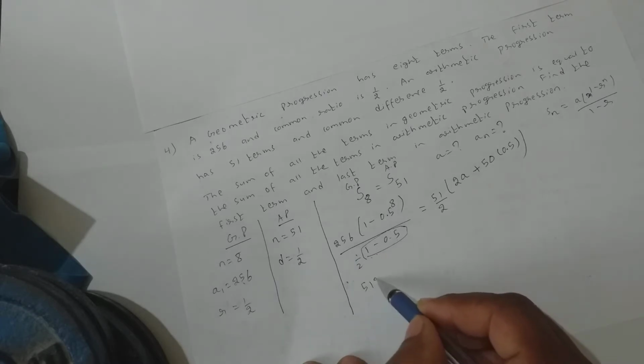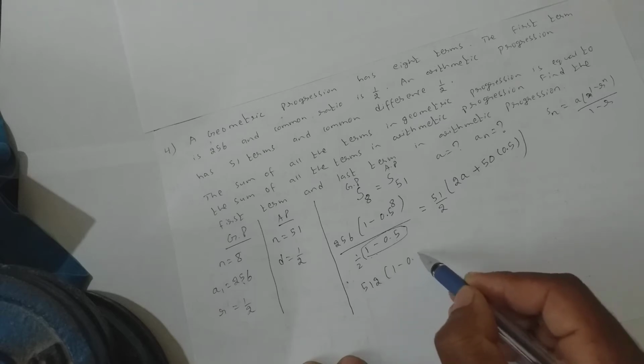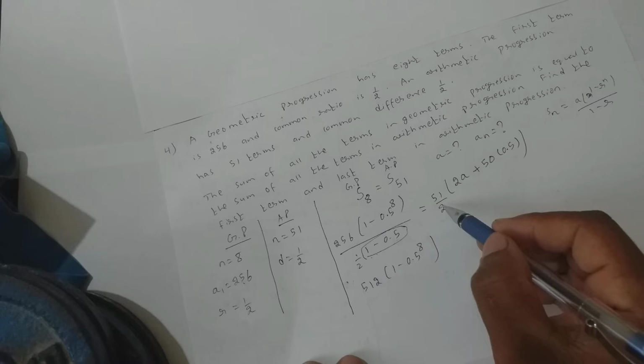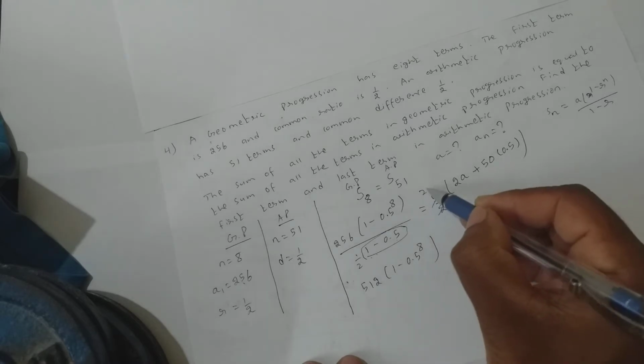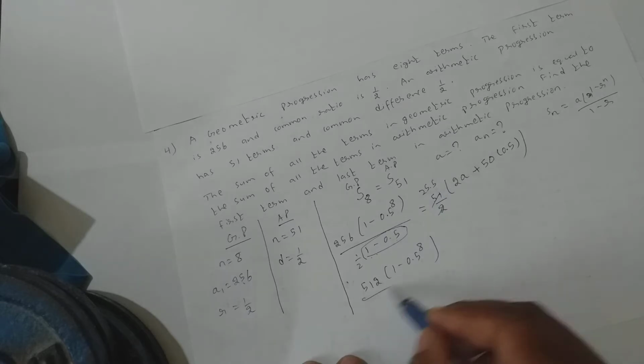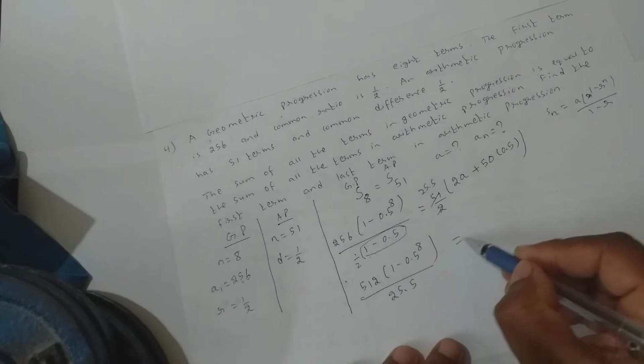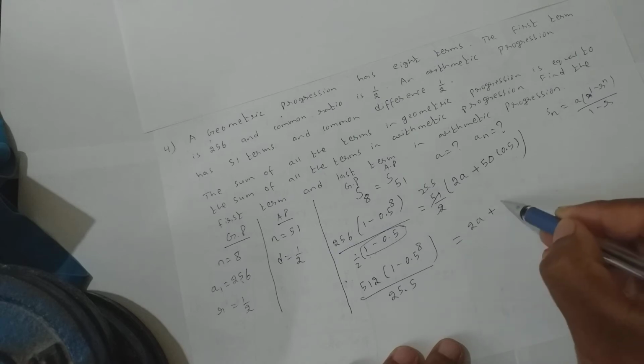It becomes 512 into 1 minus 0.5 power 8. And here, let us cancel it out, 25 by 5. Bring it down. 25.5 equal to 2A plus 25.